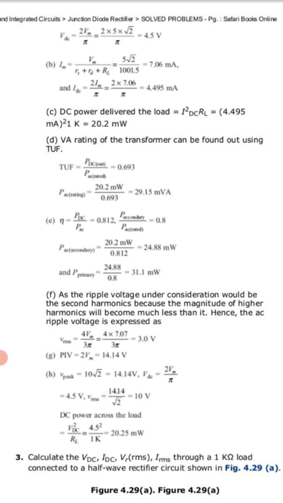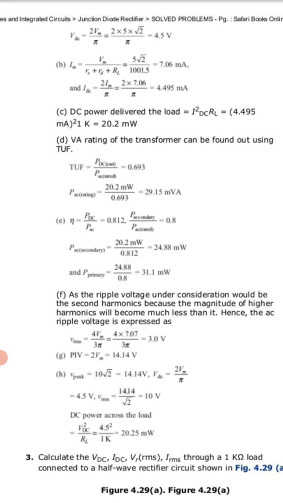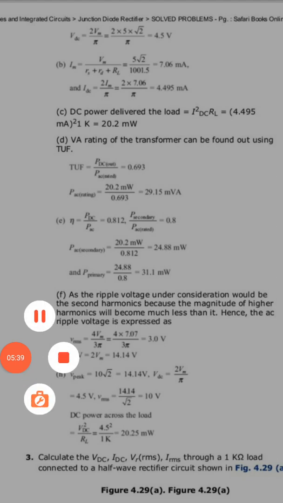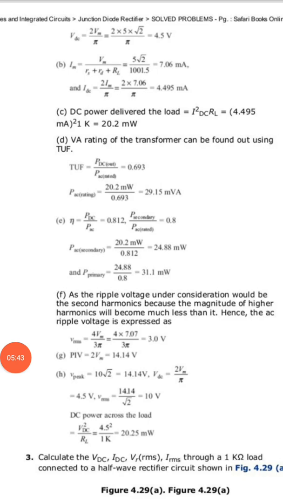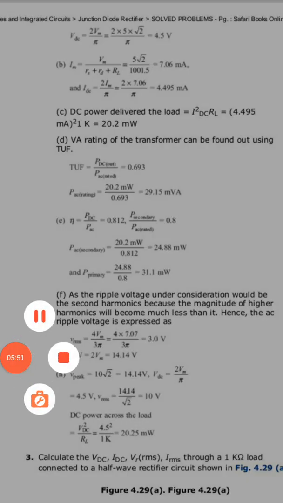After that, efficiency eta is equal to PDC upon PAC, that is 0.812, equal to P secondary upon P primary, that is 0.8. P secondary is equal to 22.2 milliwatt divided by 0.812, 24.88 milliwatt. And the P primary power is 24.88 divided by 0.8, that is 31.1 milliwatt.